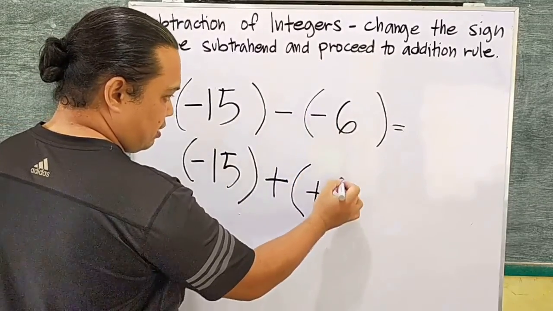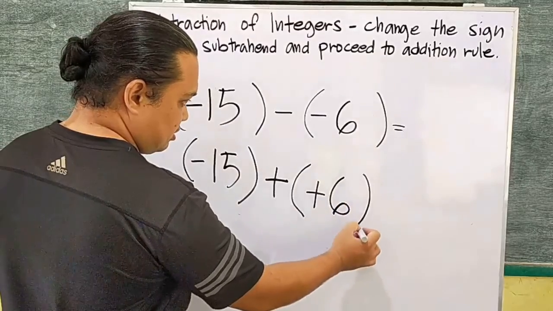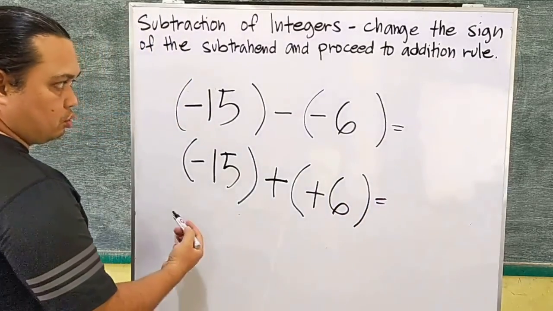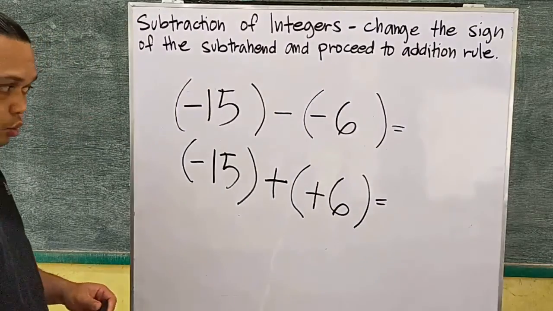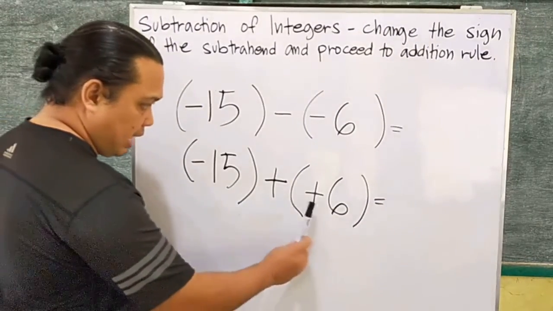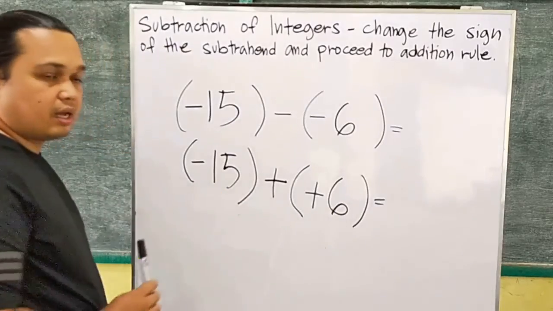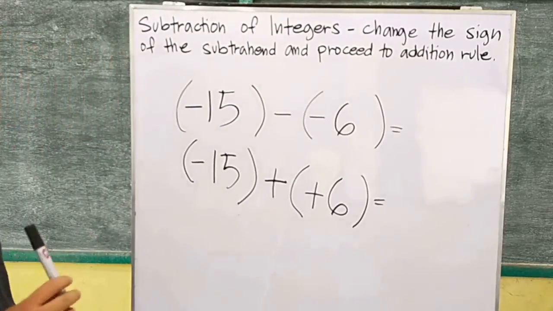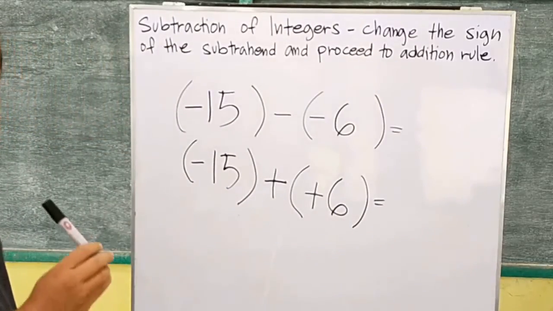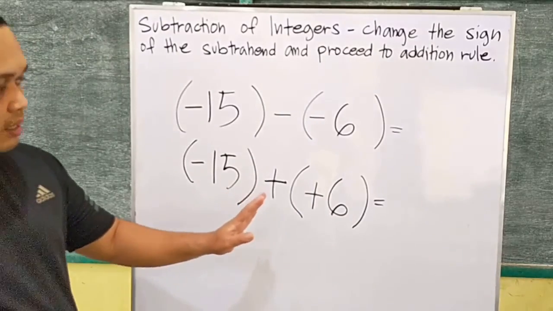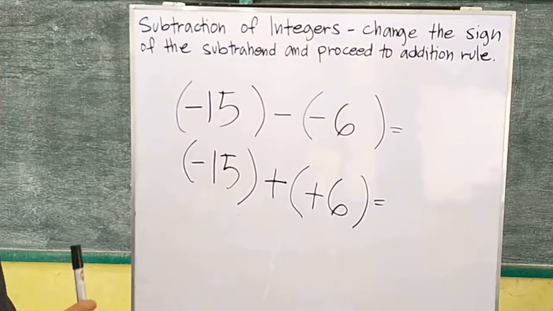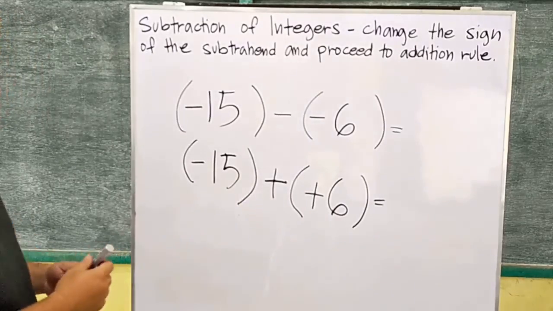Therefore, negative 6 will become positive 6. And proceed to addition using the addition rule. We are now adding unlike integers. So we subtract the numbers and copy the sign of the number that has the greater value.